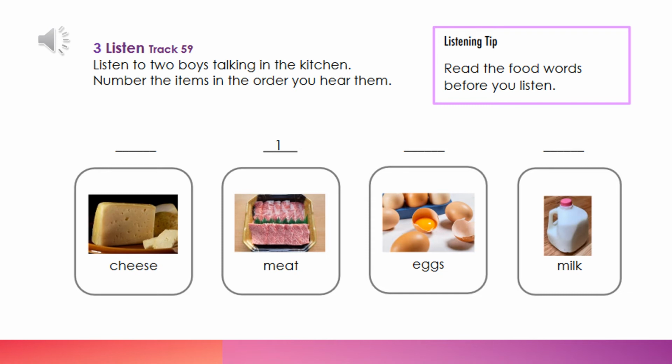But before we start our listening, we have to read this listening tip. In our book, there are a lot of tips. These tips are very, very important, and we have to read them, understand them, and follow them. Let's read together this listening tip.